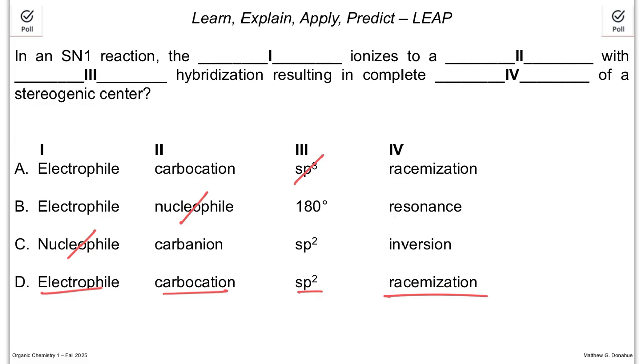So if we think back to that SN2 slide in terms of verbalizing the reactivity, the nucleophile attacks the electrophile at 180-degree trajectory to the leaving group. We have a single transition state, and then ultimately there's inversion of stereochemistry if there was a secondary substrate with a stereocenter.